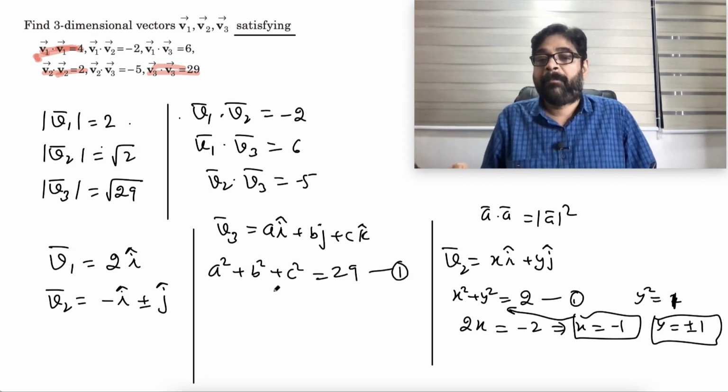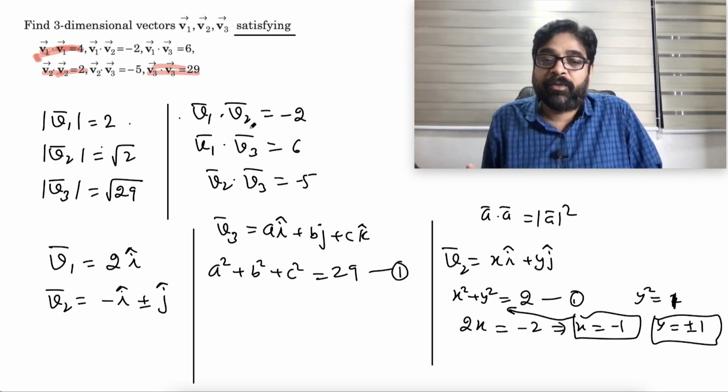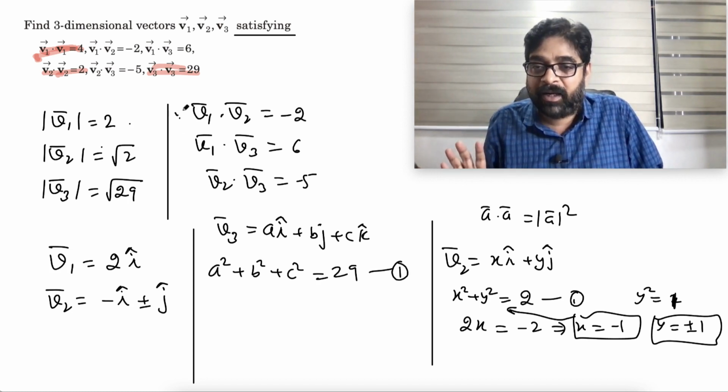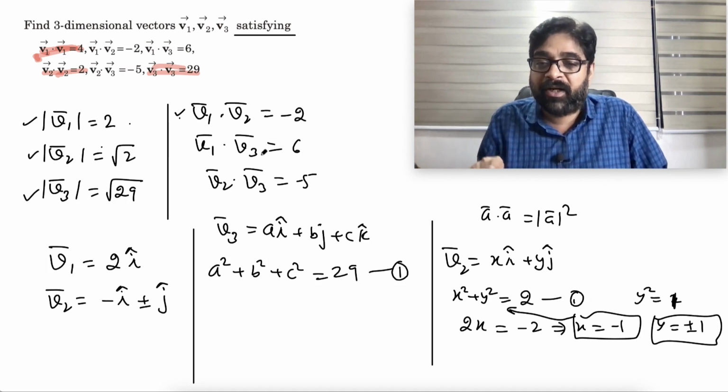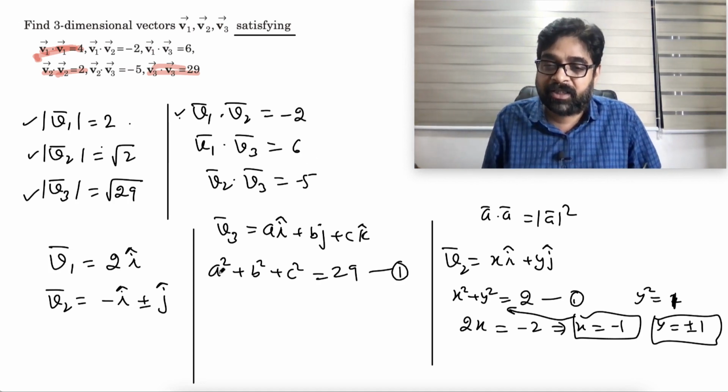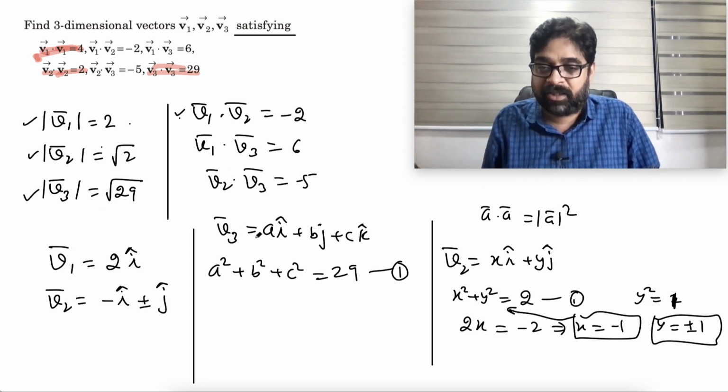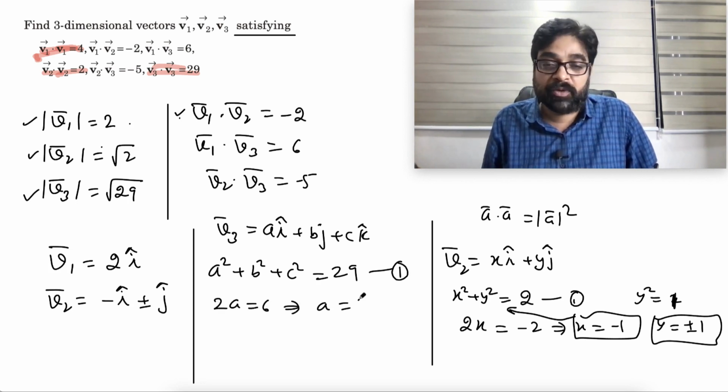V1 dot V2 I already used. Now V1 dot V3 equal to 6 means this dot this equal to 6. So the rest will be useless: 2a. 2a equal to 6, so a equal to 3 I got it.